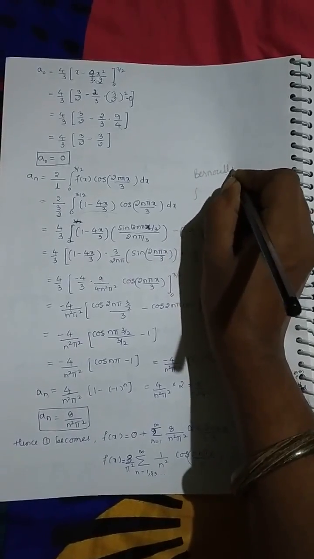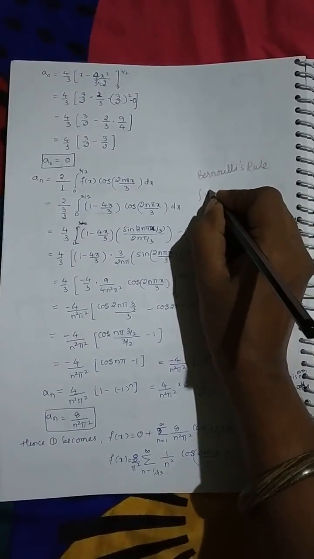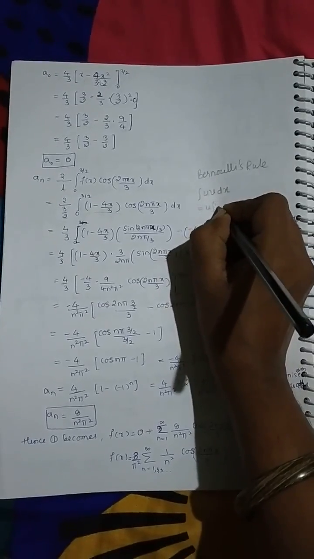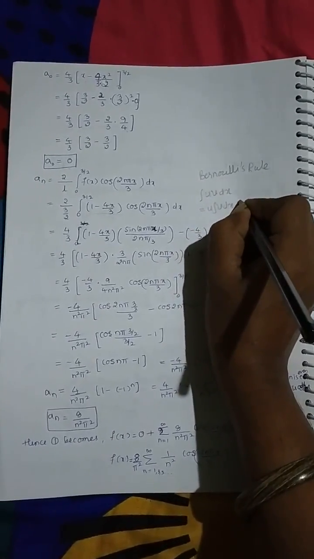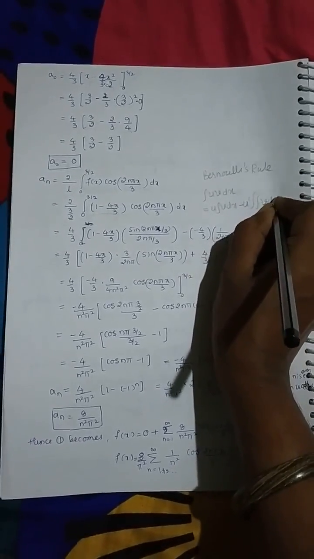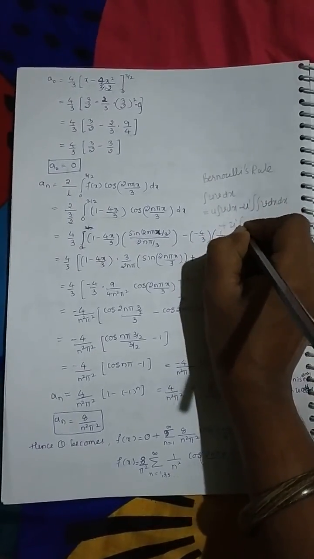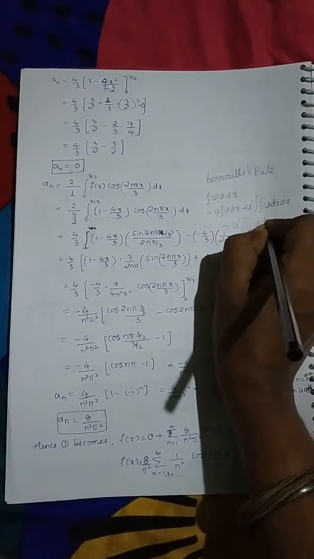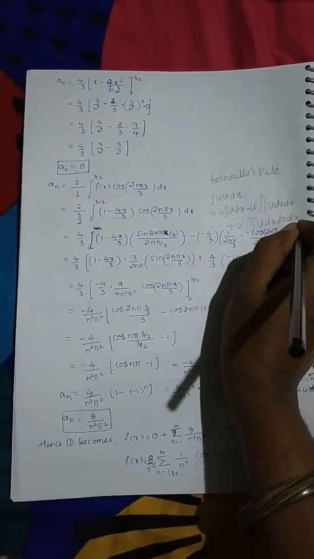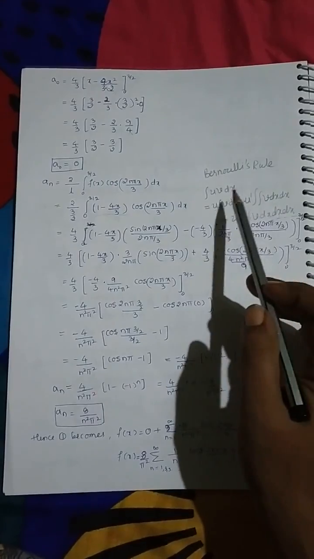Bernoulli's rule for integration: integration of u into v dx is equal to u into integration of v dx, minus u dash into integration of v dx into dx, plus u double dash into triple integration of v with respect to x, and so on. Right, this is Bernoulli's rule for integration.